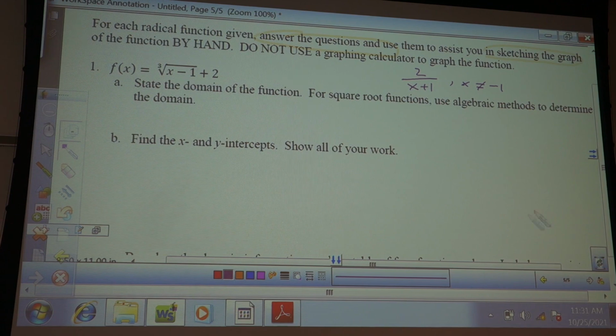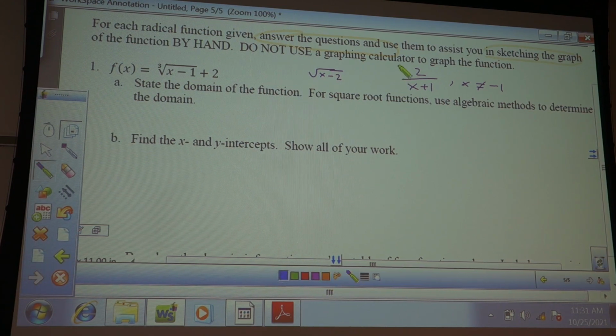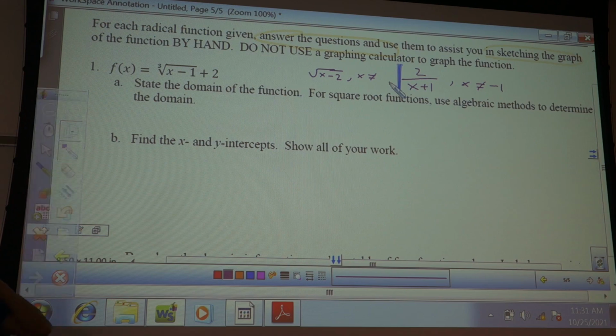Here, if I had the square root of x minus 2, then x can't be what? This is a different one. Oh, no, wait, I'm sorry. That's this thing.